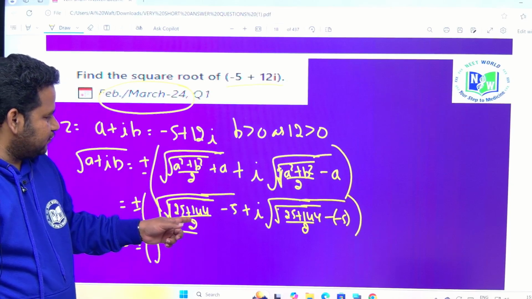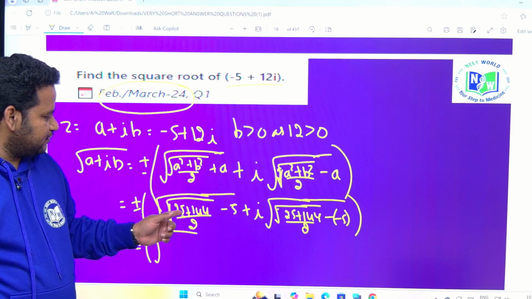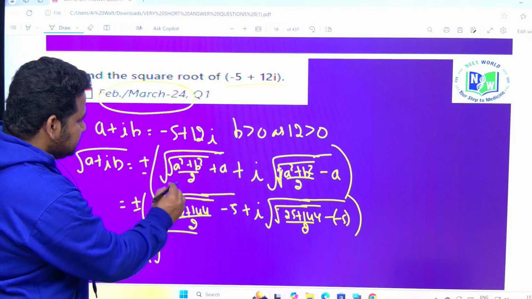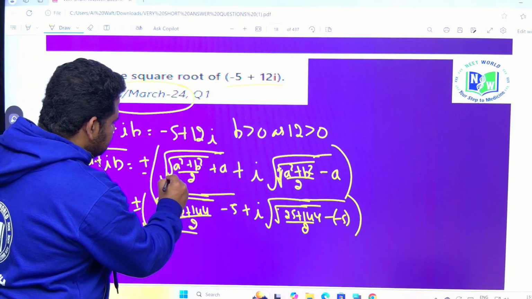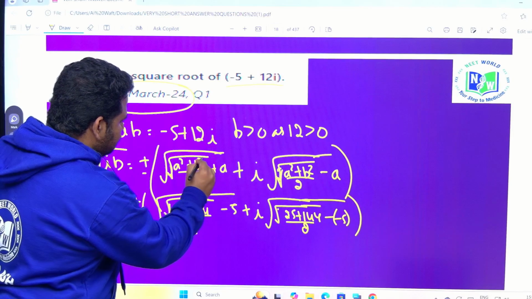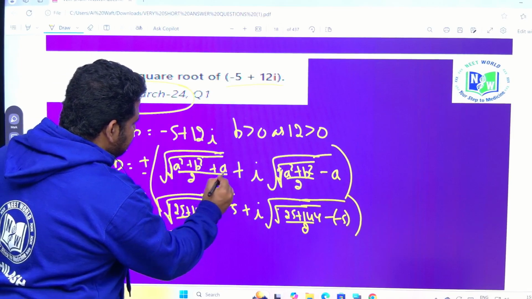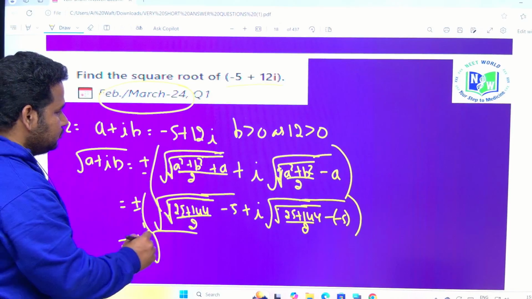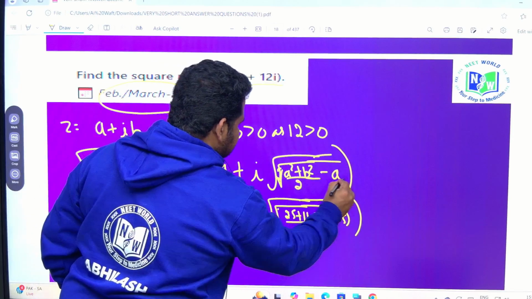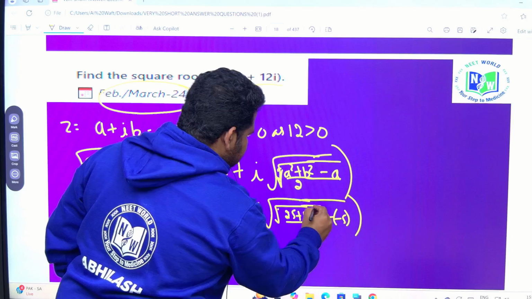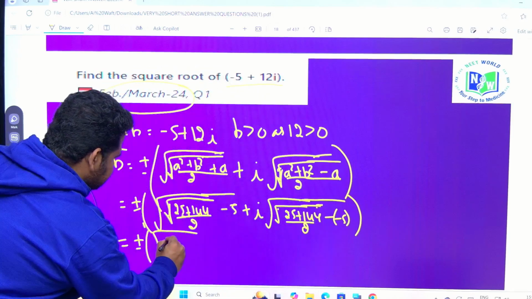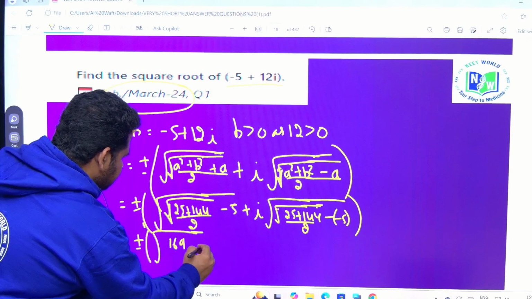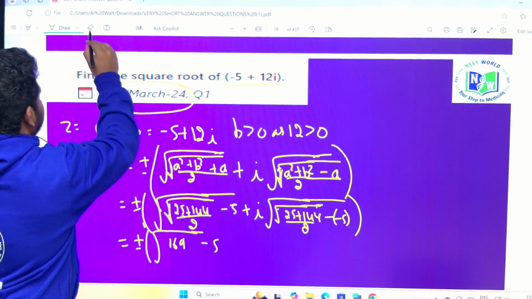See here, friends, this totally should be divided by 2, here also this totally should be divided by 2. So this will become 169, okay, 169 minus 5, let me correct it.